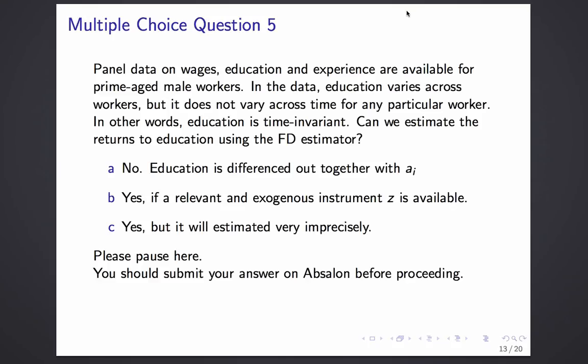Answer A, no. Education is differenced out together with the unobserved heterogeneity, a_i. B, yes, if a relevant and exogenous instrument is available. C, yes, but it will be estimated very imprecisely. So again, please pause the video here and go to Epsilon and submit your answer.